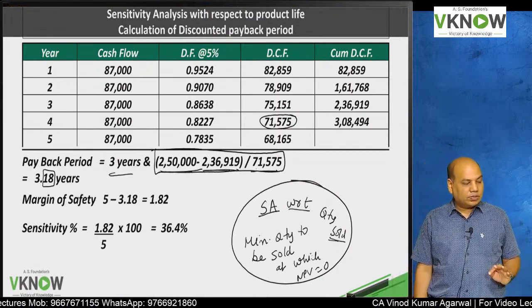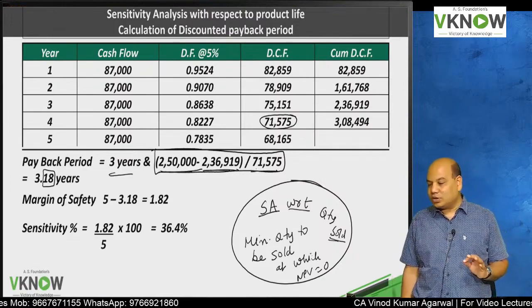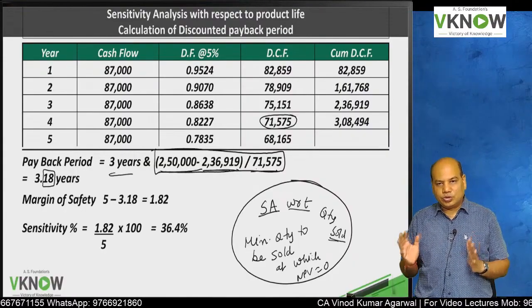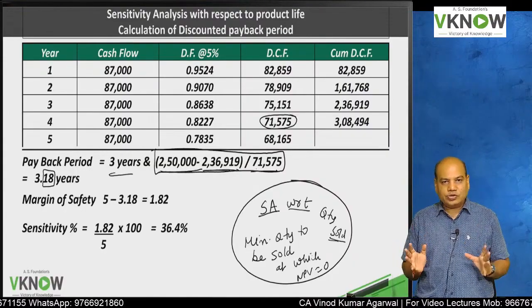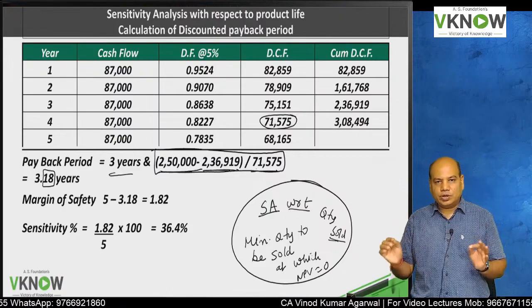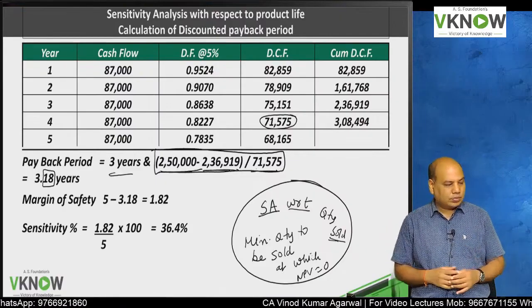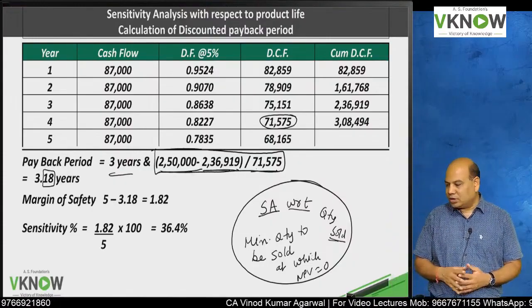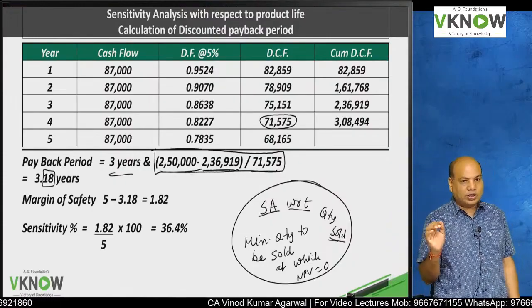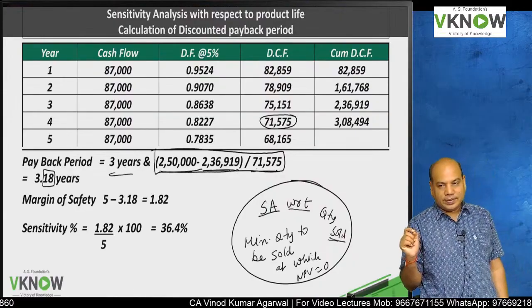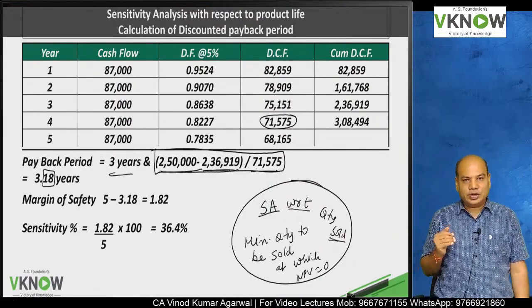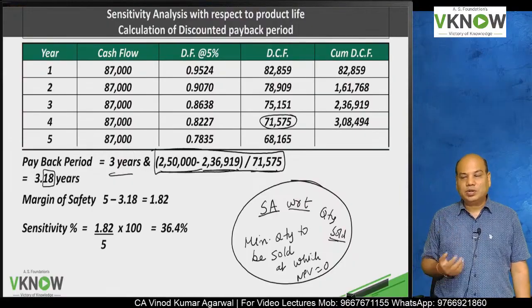I am asking you a simple school level mathematics question. What is the quantity to be sold at which NPV would be 0? The answer is not 10,000. 10,000 gives you positive NPV. I want something lower than 10,000 quantity at which NPV will be 0.